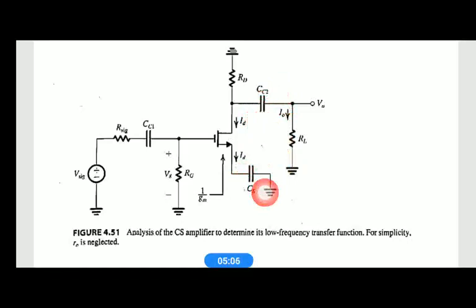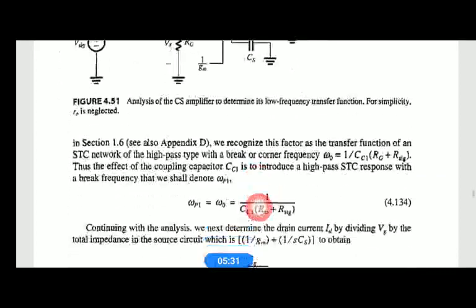Here we will get three low cutoff frequencies, not one, one due to each of CC1, CC2 and CS, and we are going to derive each cutoff frequency by analyzing this circuit.